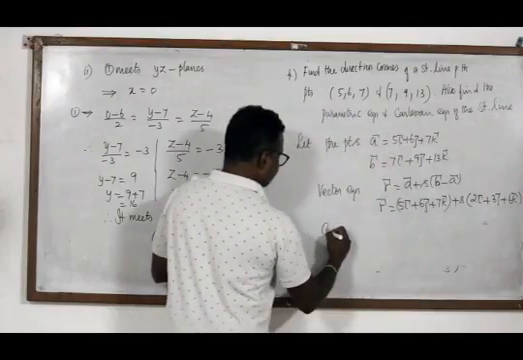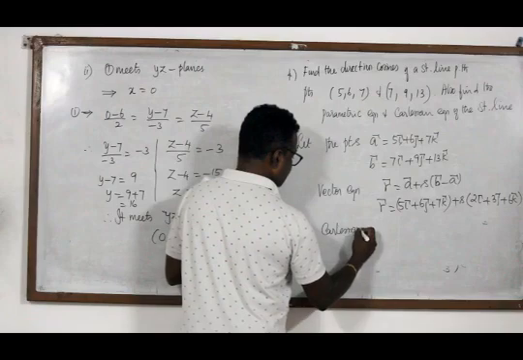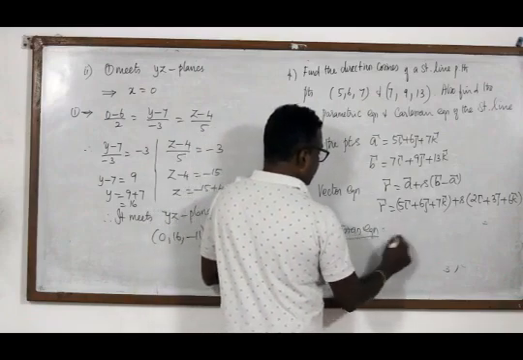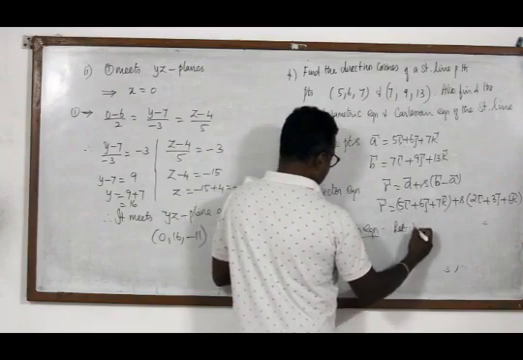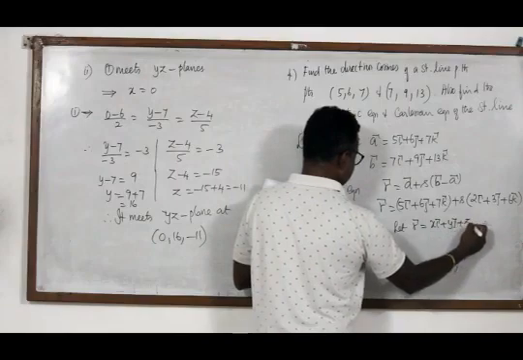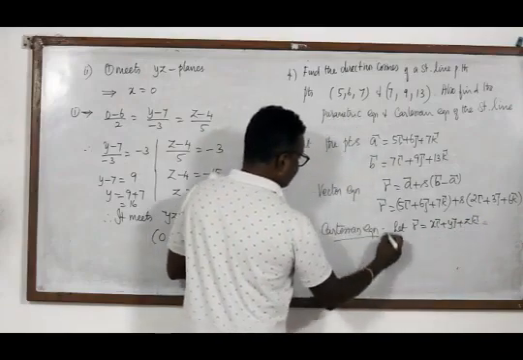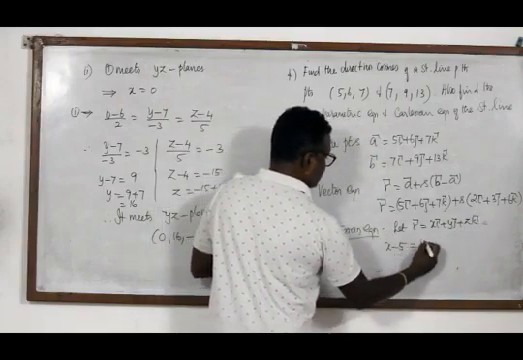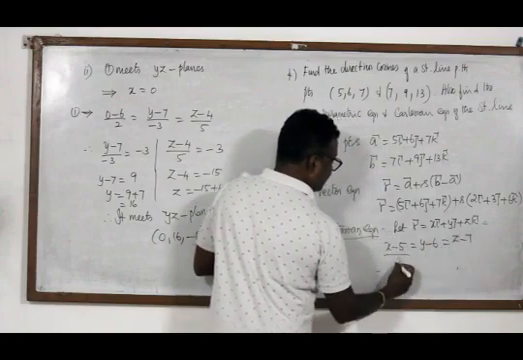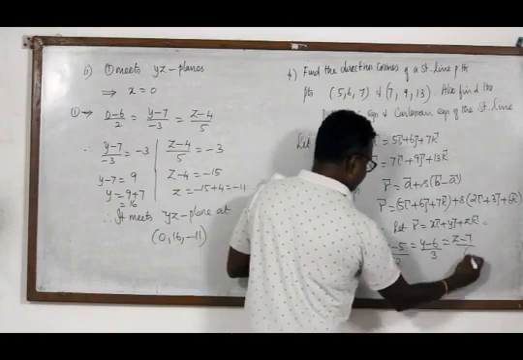Then the Cartesian equation is, let R vector equal to xi. Since they are asking the Cartesian equation, we can write it like this: x minus 5, y minus 6, z minus 7 by 2, by 3, by 6.